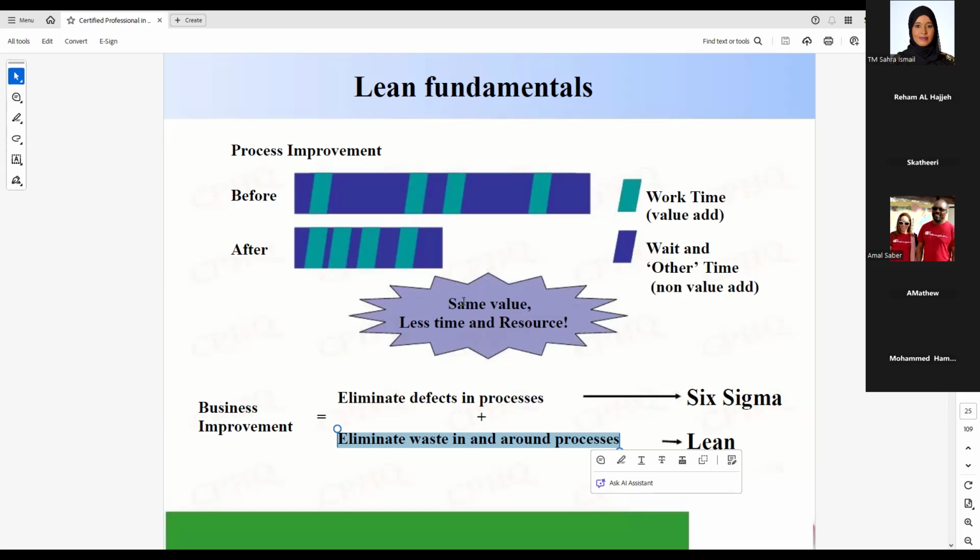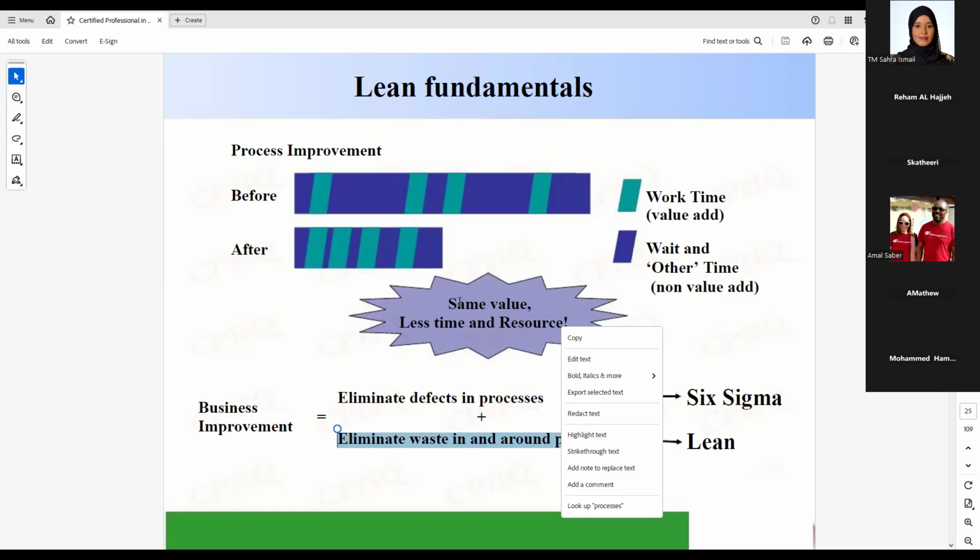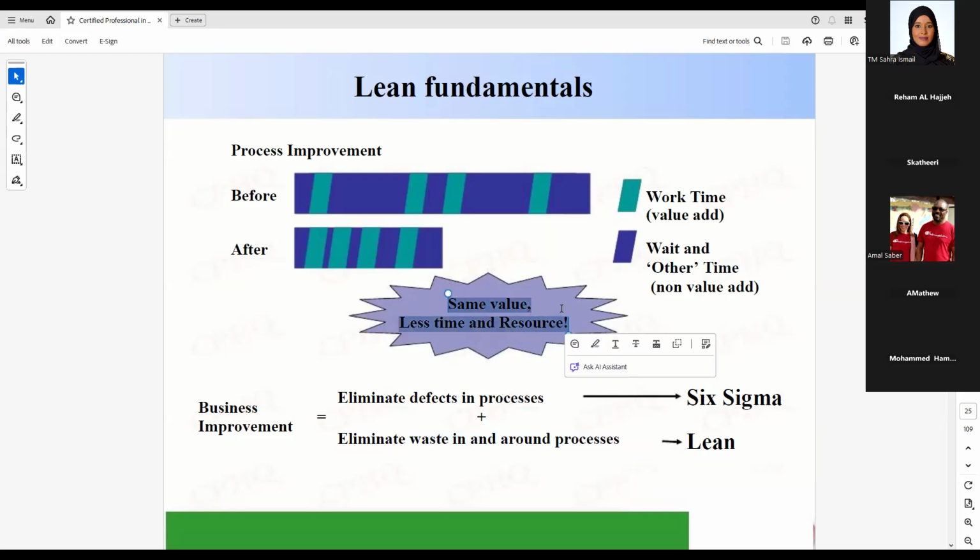So same value, what is the value? Remember, we said value is in the green part, the green color. So it's the same value. We still have 4 green colored blocks, but they require less time and resources. Which one of the quality dimensions is this one? Same value, less time and resources?